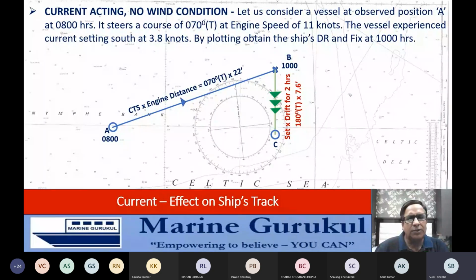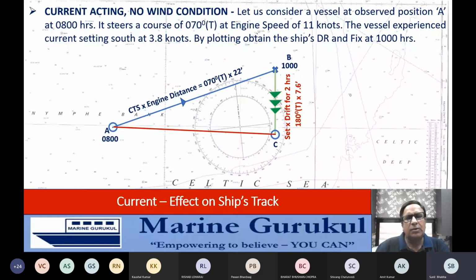And at the end of 2 hours, with both vectors acting simultaneously, the vessel would be expected to be at C. That means from 8 o'clock to 10 o'clock, C becomes my fix at 1000 hours. From 8 o'clock to 1000 hours, the track over the ground would be represented by line AC.